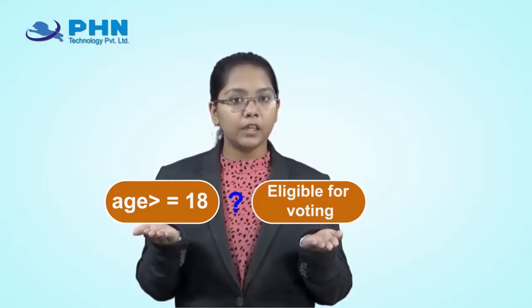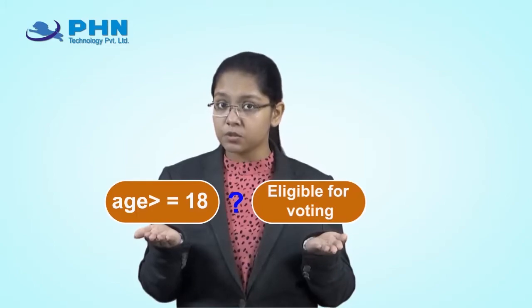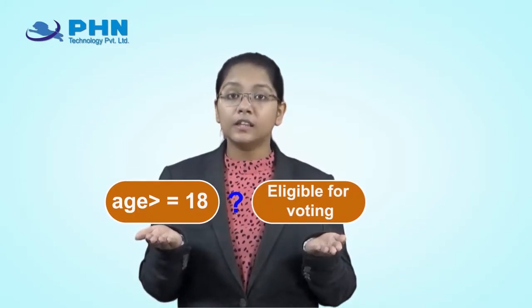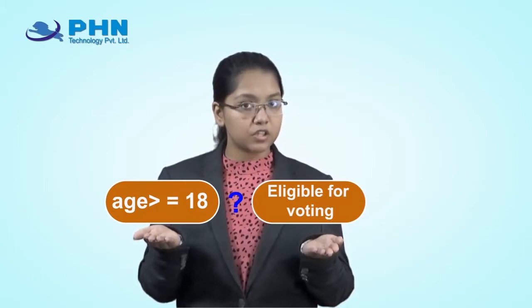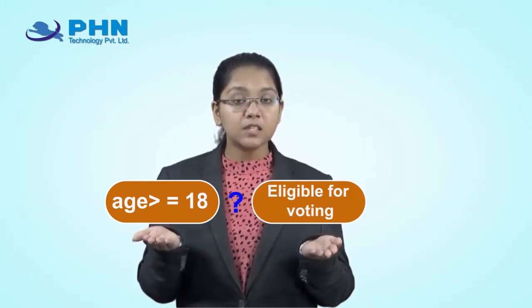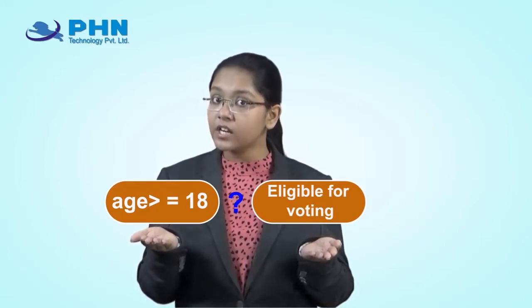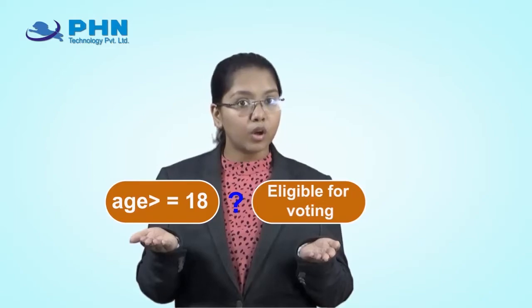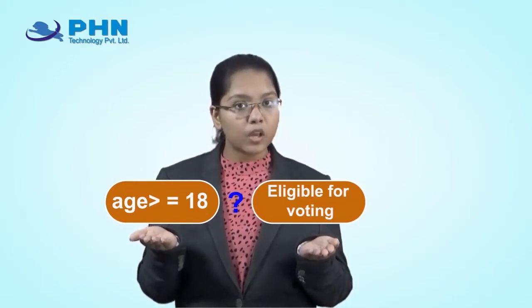So what is happening here? If this condition, this expression, gets satisfied, then and only then will it go to this statement. Only if the condition gets true, it will move on to print the statement after this question mark.